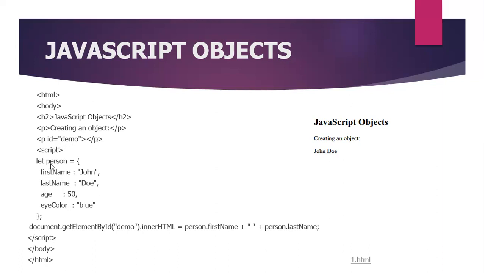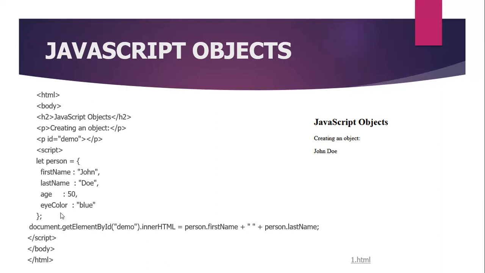Then under the script tag, inside that I am declaring let person is equal to first name John, last name Doe, age 50, eye color blue. So this will be considered as key value pairs for the person object. After declaring, I am using a semicolon. Under script, all the statements will be separated by semicolons.